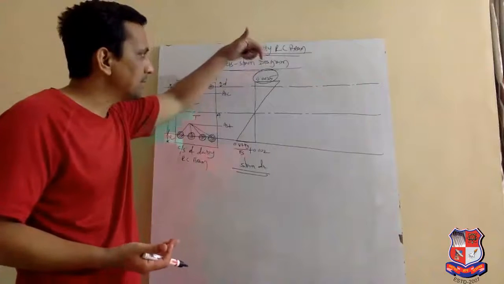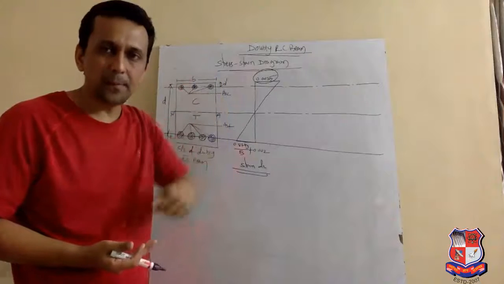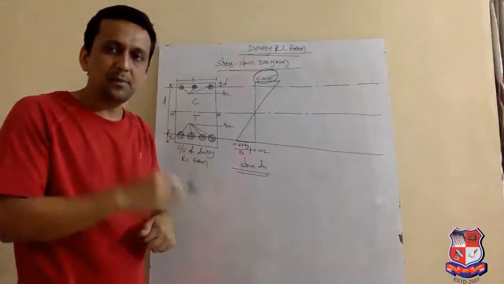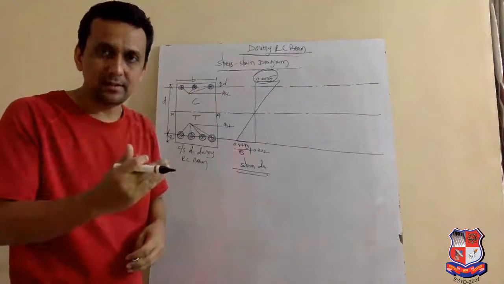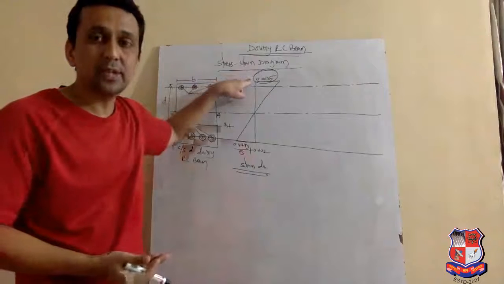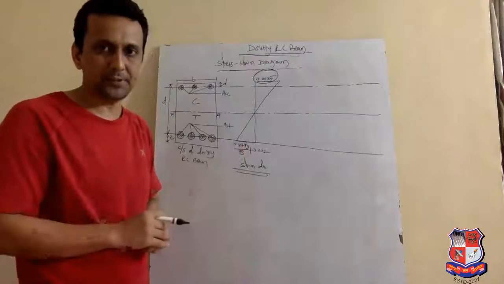It means when load is applied on the beam, and the compressive strain in that beam goes beyond the 0.0035 value, the beam will fail in compression.